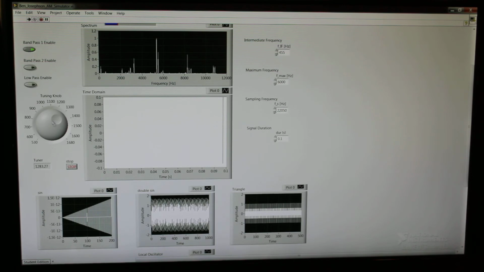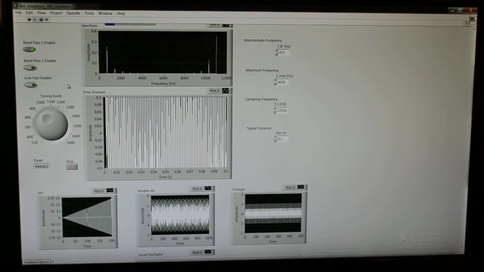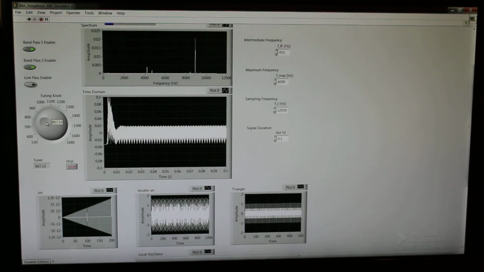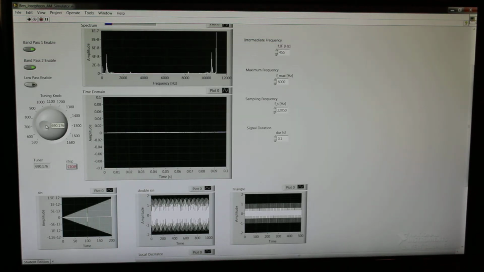But if we enable our bandpass filters, we can start to clean up some of those extraneous frequency signals that are outside our frequency of interest, and we start to get a clear signal coming through.